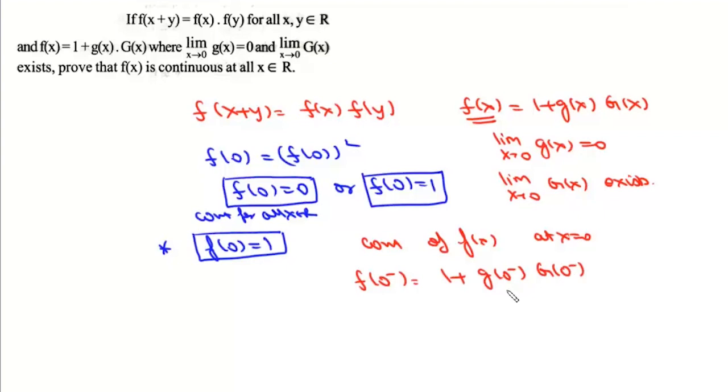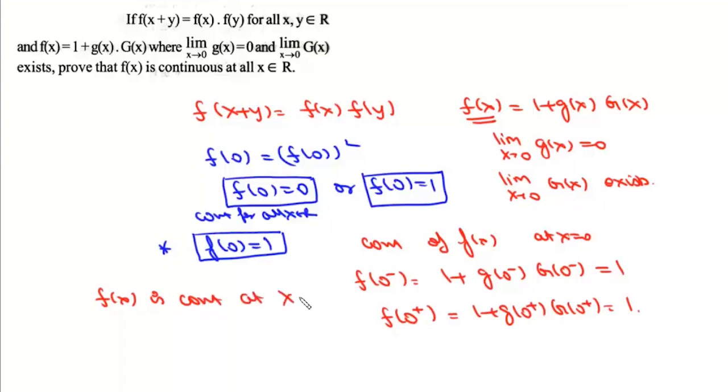Now g(0) is 0, that means this f(0 negative) is 1, and f(0 positive) is 1 plus g(0 positive) into G(0 positive). Now this again is 1. So that means this function f(x) is continuous at x equals 0.